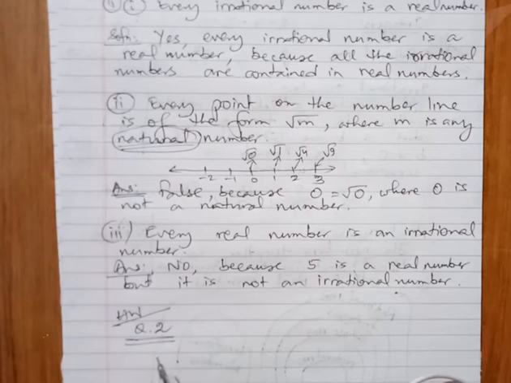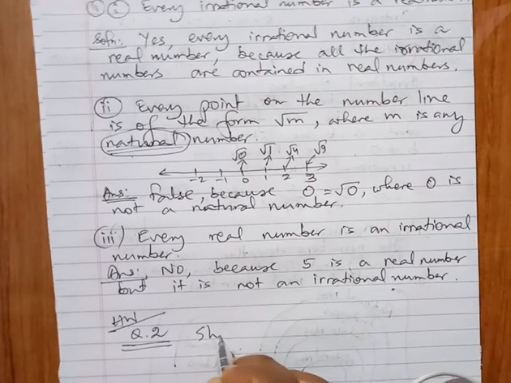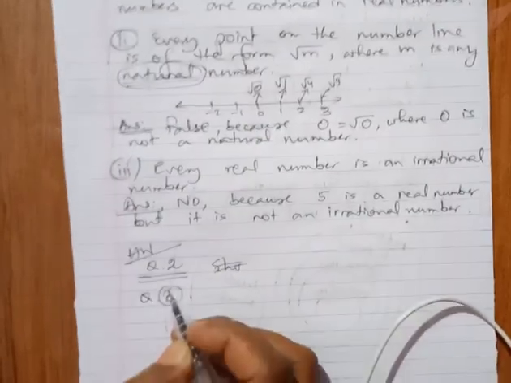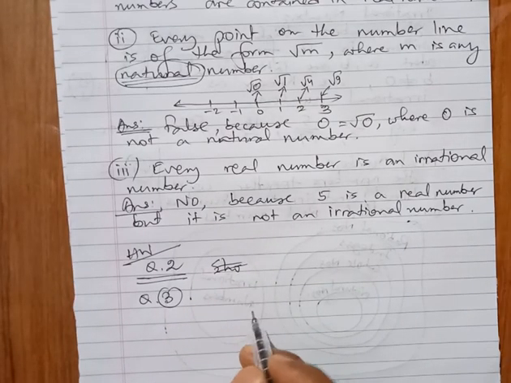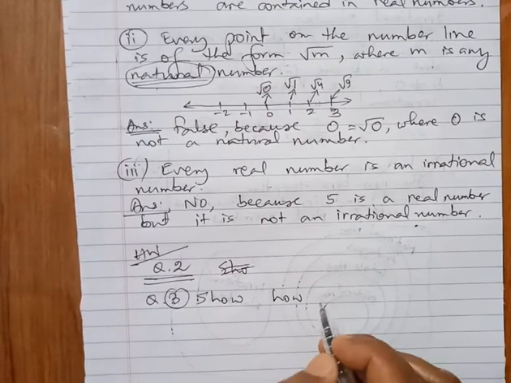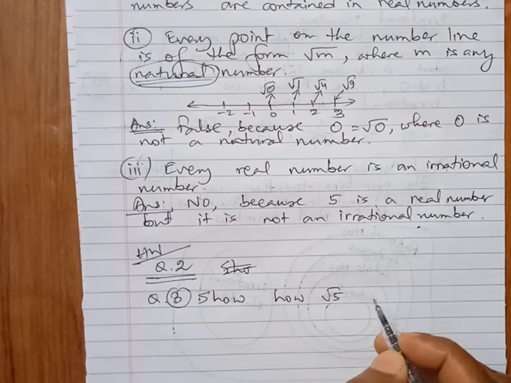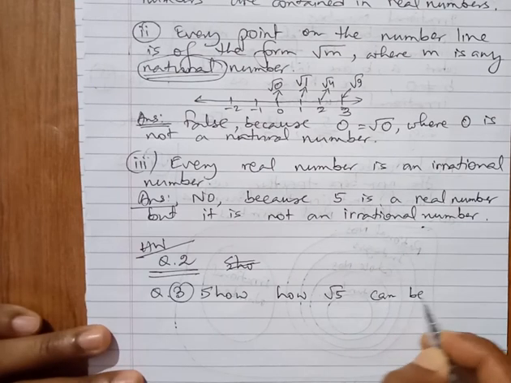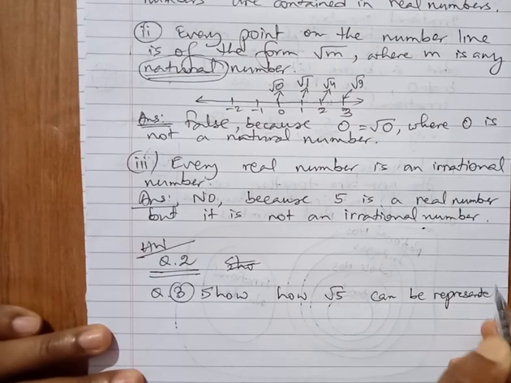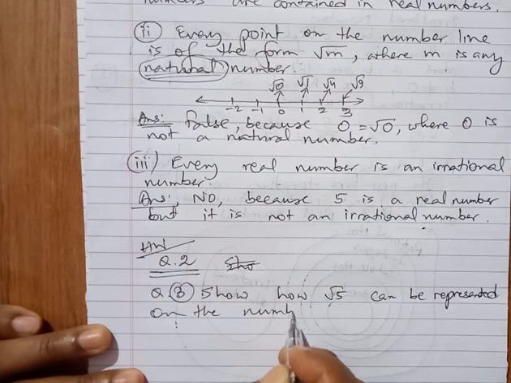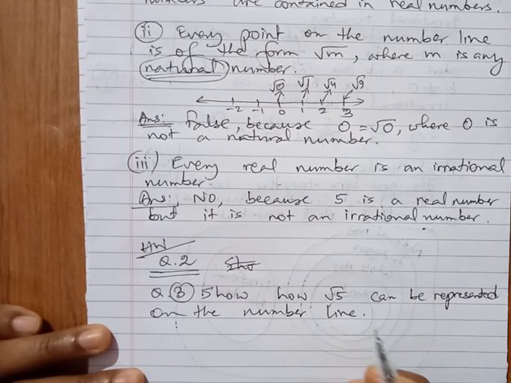Question 3 says you have to show how root 5 can be represented on the number line.